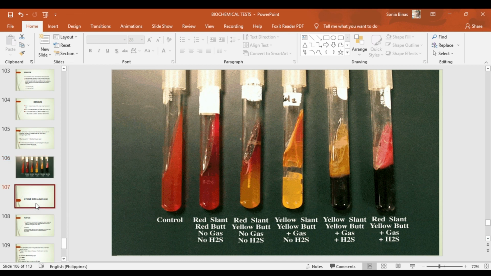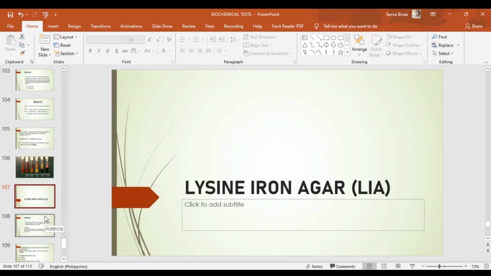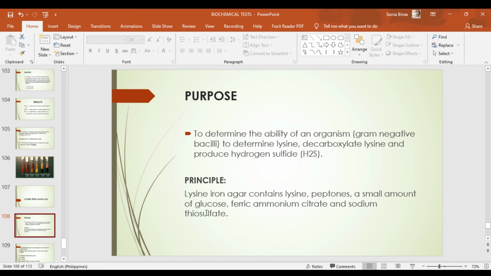So, for our LIA naman or our lysine iron agar, the purpose is to determine the ability of an organism to decarboxylate lysine and produce hydrogen sulfide. So, principle is the lysine iron agar contains lysine, peptones, and small amount of glucose, ferric ammonium citrate, and sodium thiosulfate.